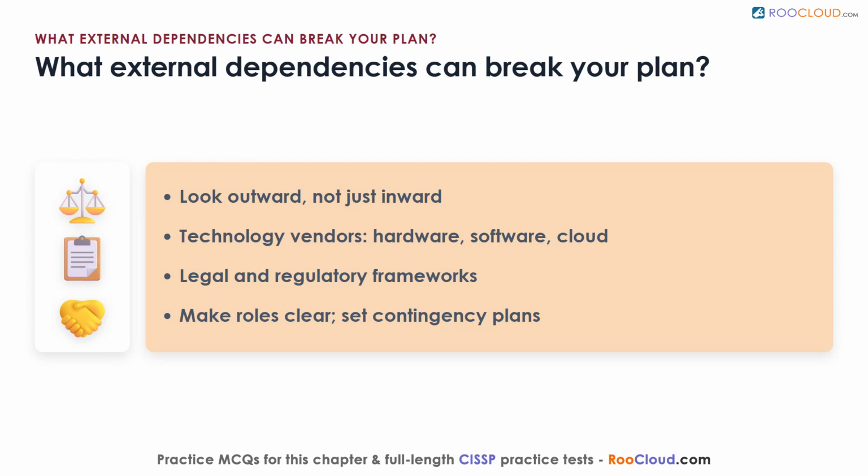Each outside factor carries risk, and if you leave it unexamined, it can disrupt your operations at the worst possible moment. So a comprehensive plan makes the roles and responsibilities of external parties clear and puts contingency plans in place for when they falter. Think of it like a relay race. It does not matter how fast you run your leg if the runner handing you the baton stumbles.